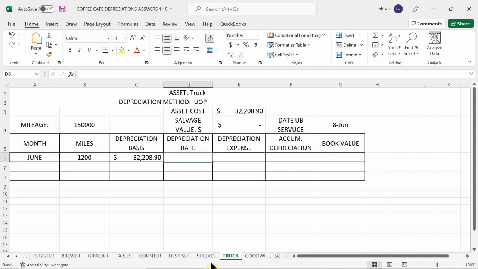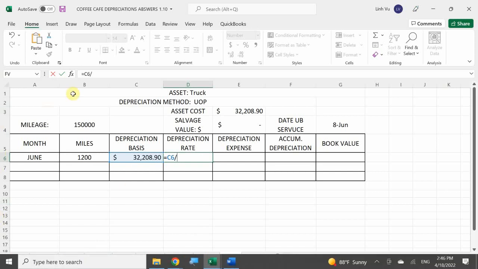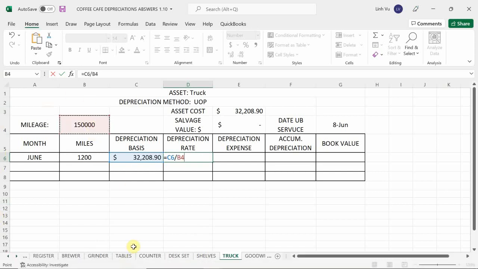How do I figure out what my per unit rate is? It's the depreciation basis over the estimated number of units in productive life. Yes, correct. So in this case, what we're trying to figure out is how much would it cost me per mile if I used this truck.